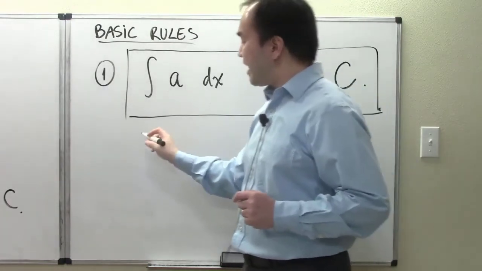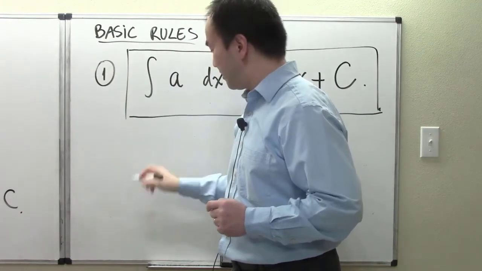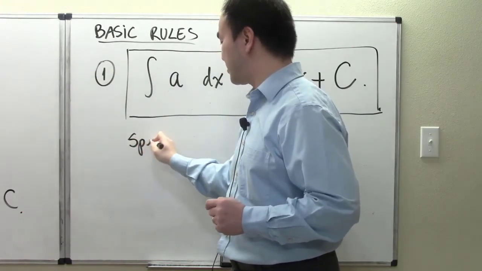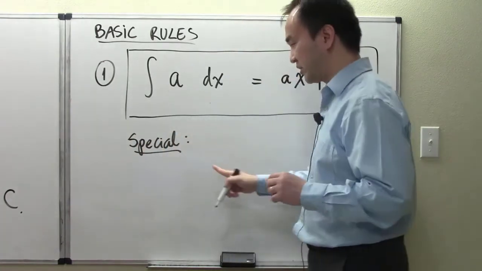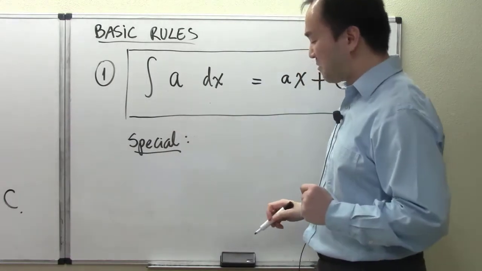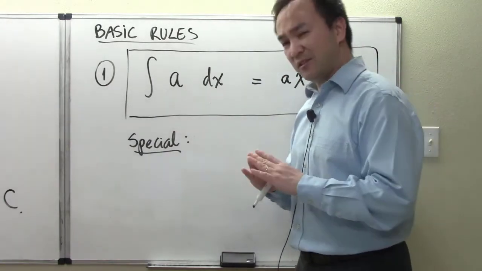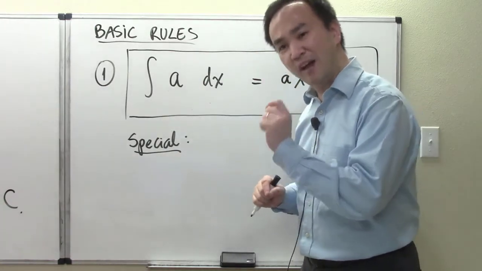Actually, the next rule I'm about to introduce is still really rule number 1, but I want to call it a special case. The next rule is really just a special case of the current rule number 1 right here. I have to introduce this as a special case simply because of how I start out teaching.